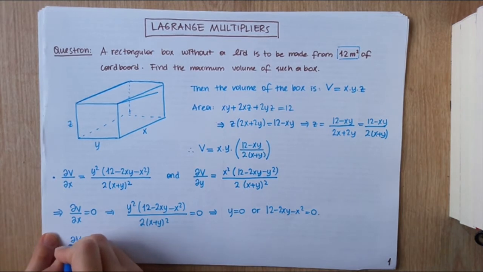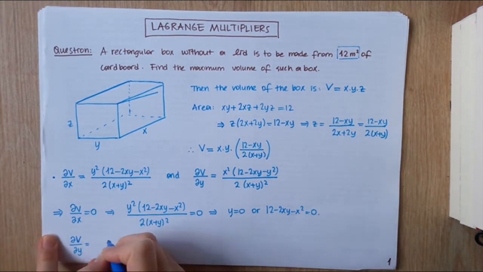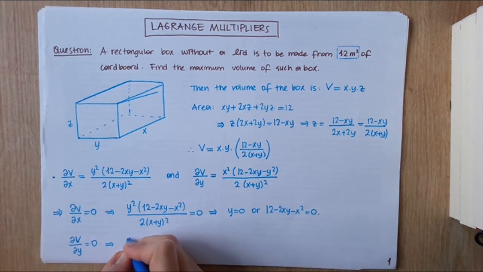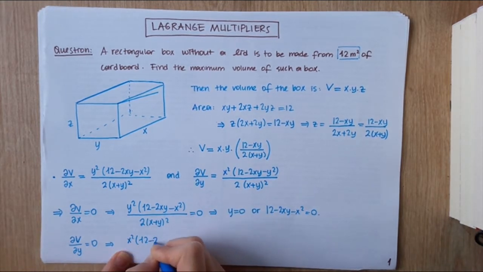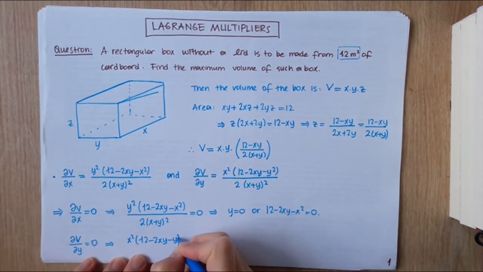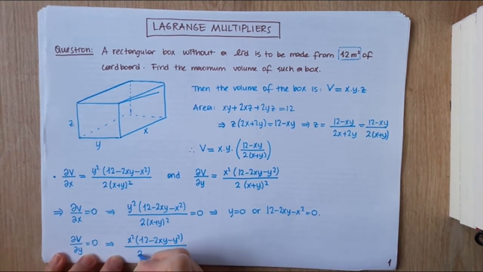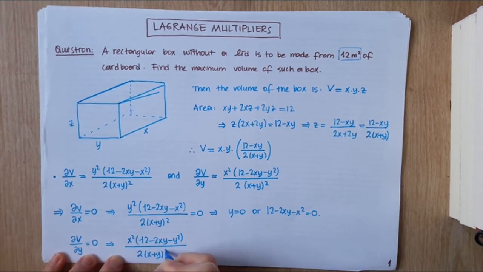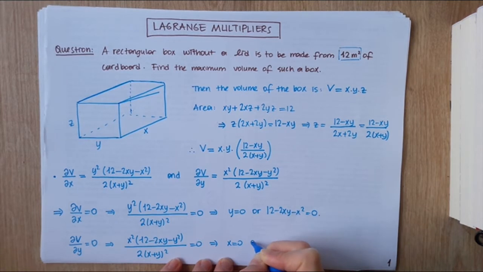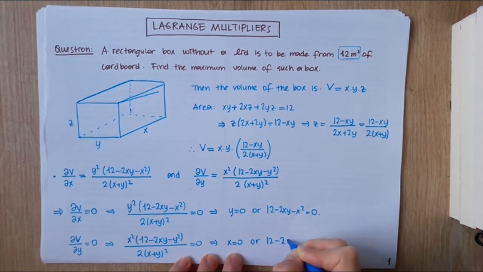And we have a similar result from the second partial derivative: x squared times (12 minus 2xy minus y squared) over 2 times (x plus y) squared is 0. So I have x is 0 or 12 minus 2xy minus y squared is 0.